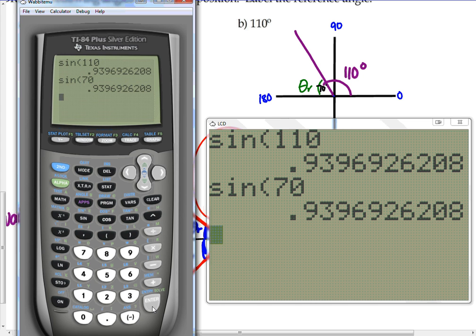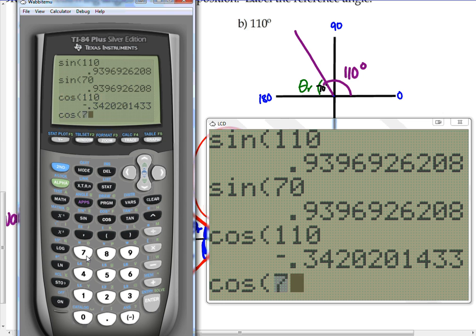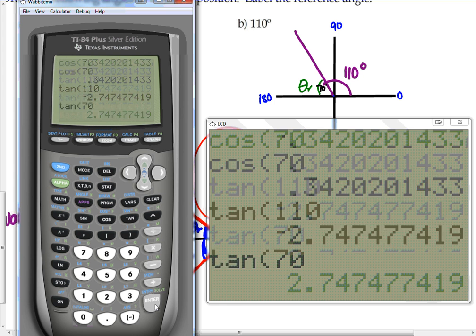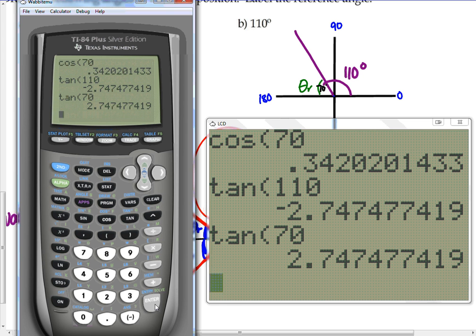It's the same. Now type in cos 110 and cos 70. Do you think it'll be the same? Is it pretty close? What's the difference? One's negative, one's positive. Now type in tan 110 and tan 70. One's negative, one's positive.